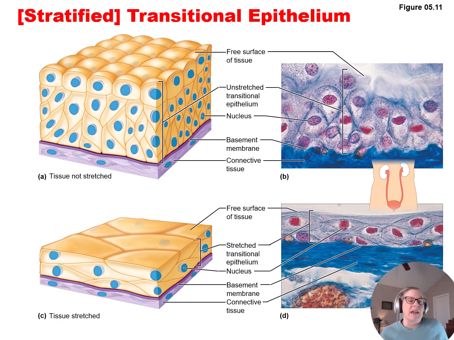And that's simply because as the tissue is getting stretched out, the cells are also getting stretched out. You find this tissue lining hollow organs like the bladder, for example. So when the bladder is really full of urine and it's stretched out and distended, that makes these cells transition into having more of a squamous shape instead of a cuboidal or columnar shape.